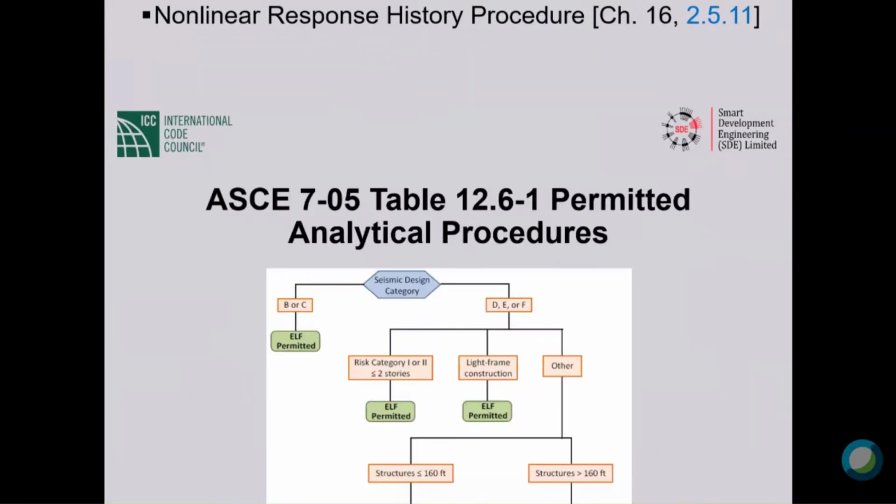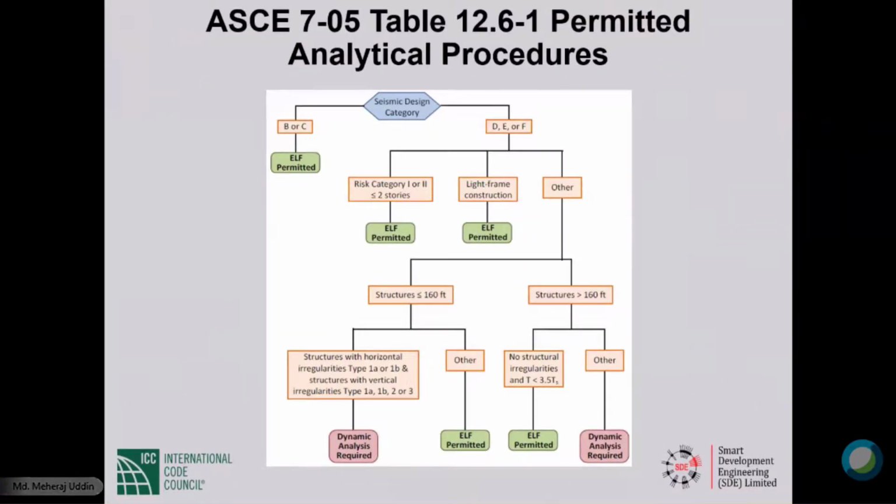The important thing is this: ASCE 7-05 has, as I said, severe restrictions on the use of the equivalent lateral force procedure, and let us look at that. I think this is instructive for you to know. If your design category is B or C, equivalent lateral force procedure is always permitted.